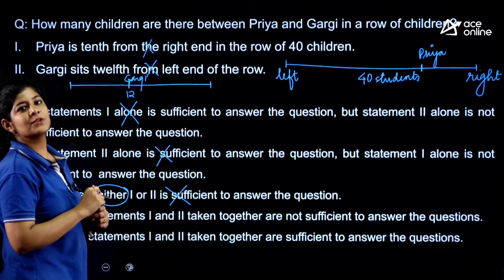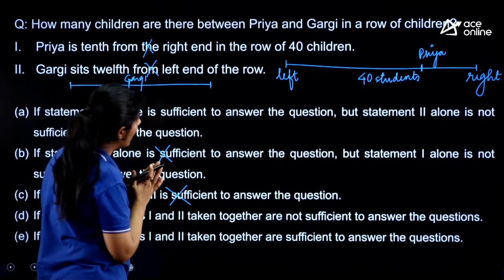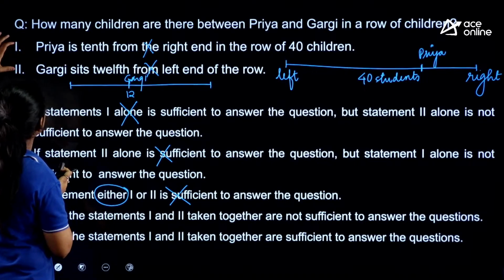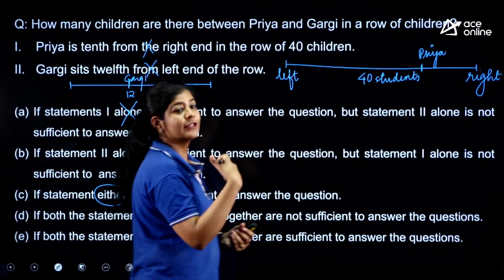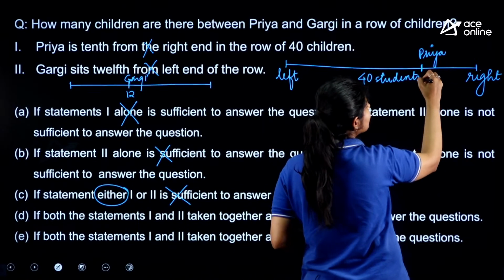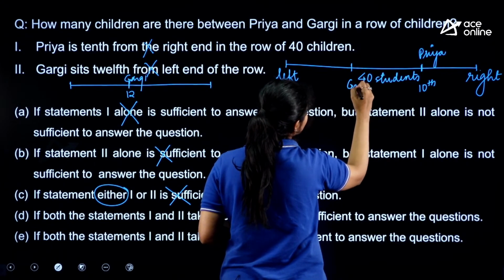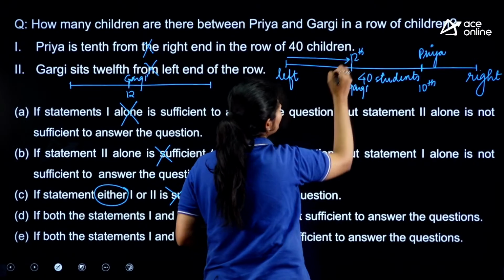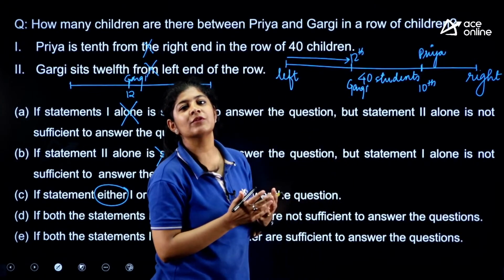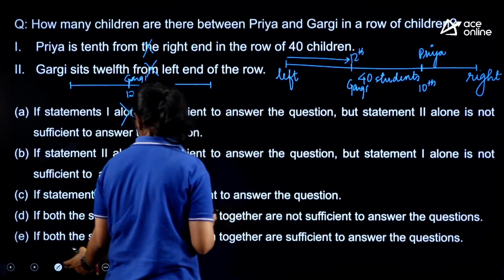Now the last option is that we need to combine both statements together. If we combine statements 1 and 2, the data says that Priya is 10th from the right end and Gargi is 12th from the left end, right? Now we have to calculate how many children are sitting between Gargi and Priya.